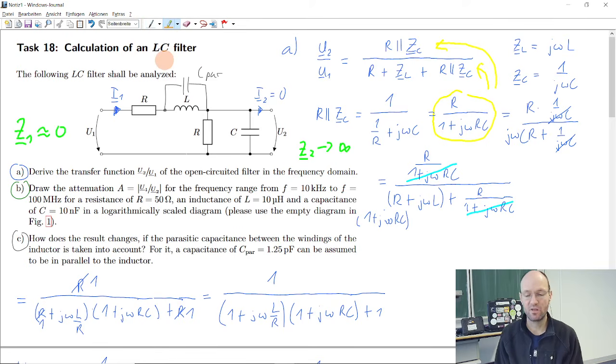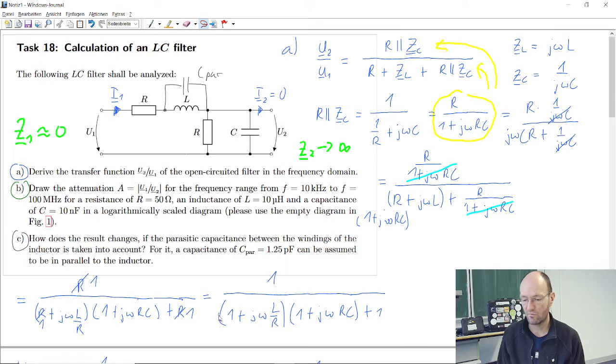So what would change? If we take a look at our equations, what would change? Exactly. So our ZL would change into ZL parallel to this parasitic capacitance. So then we can check. Here we still have this j omega L, and this j omega L would turn into this parallel circuit.